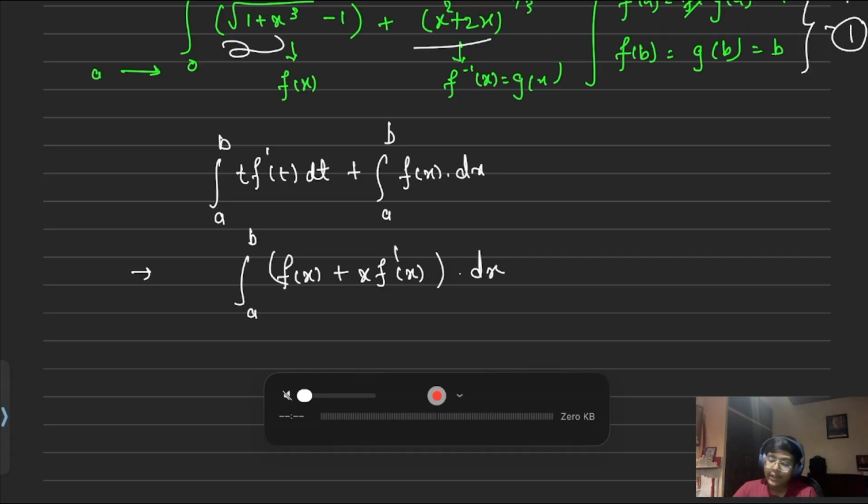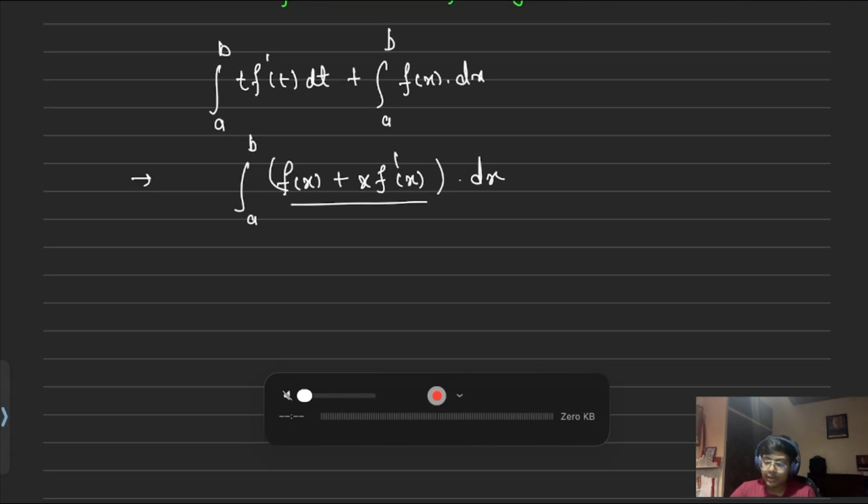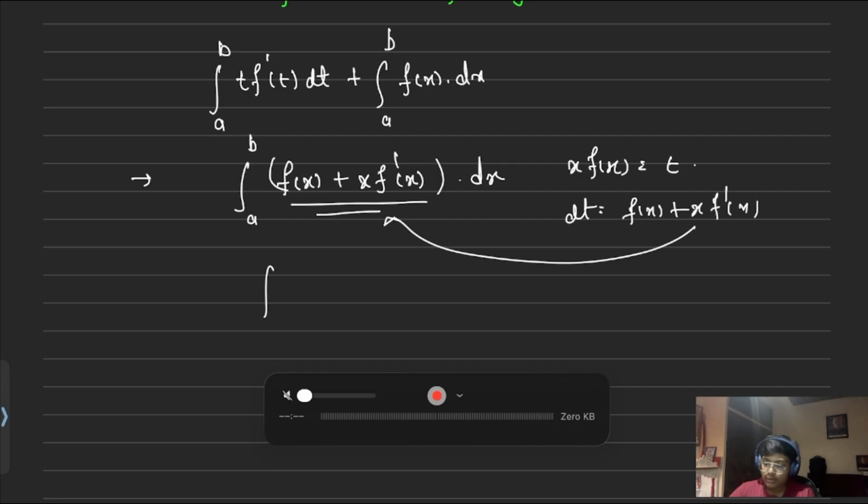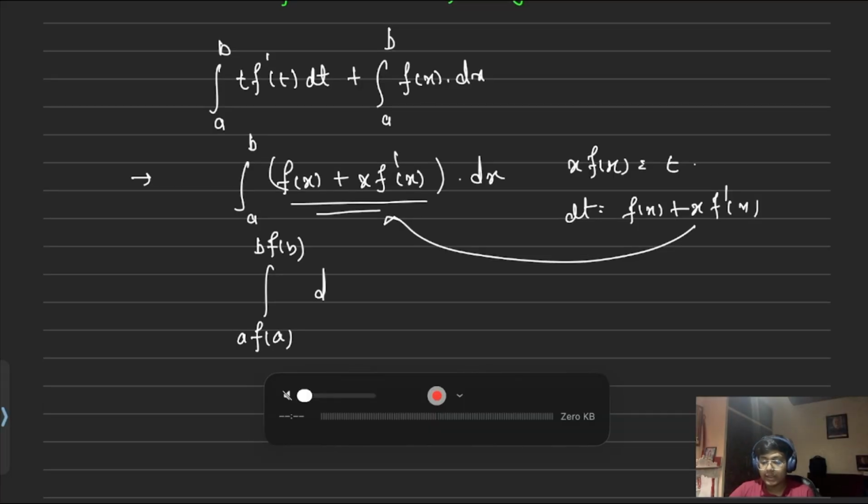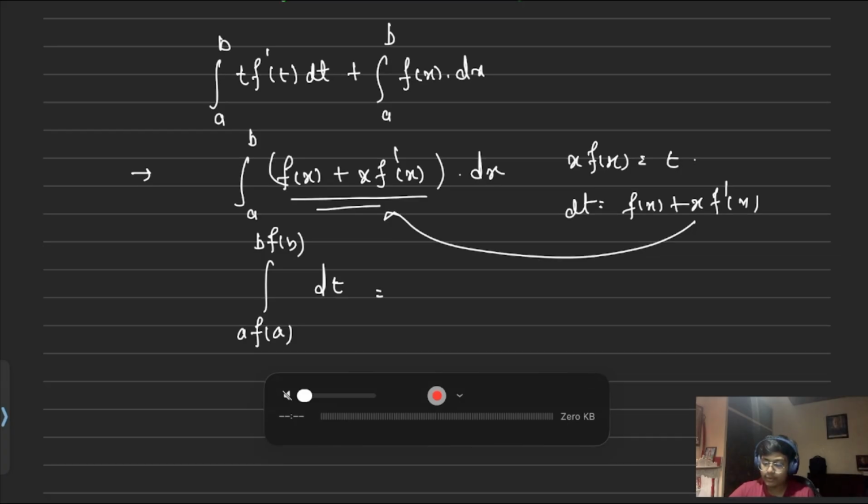Correct. Now this is very easy to solve. Just put x f(x) equal to t, and then dt will result in f(x) plus x f dash(x), which is the same thing here, by the way. So it will be the integral from a f(a) to b f(b) of dt itself, which will result in b f(b) minus a f(a).